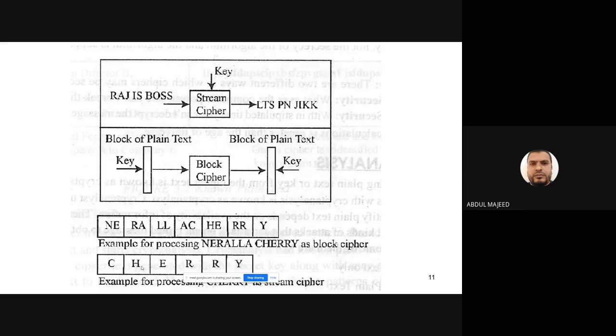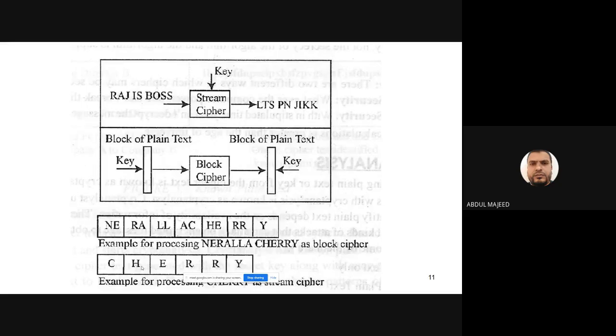As I said earlier, the size of the last block may not be the same as the other blocks. It will always be equal or less, but not more. Y is left, no more characters are there, so that block has only one character, and it is allowed.